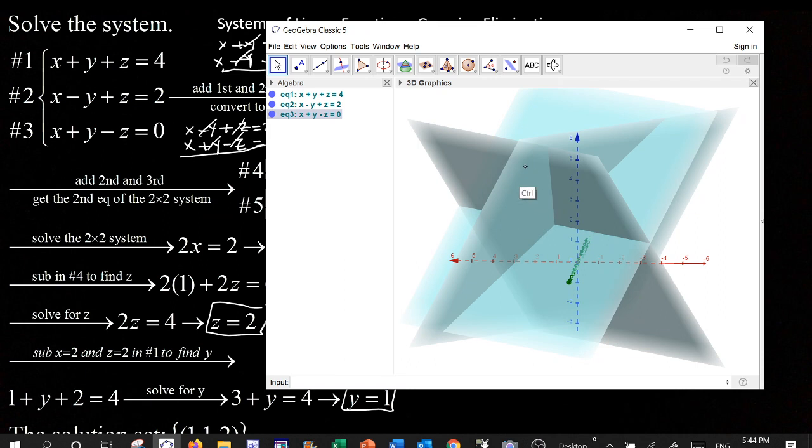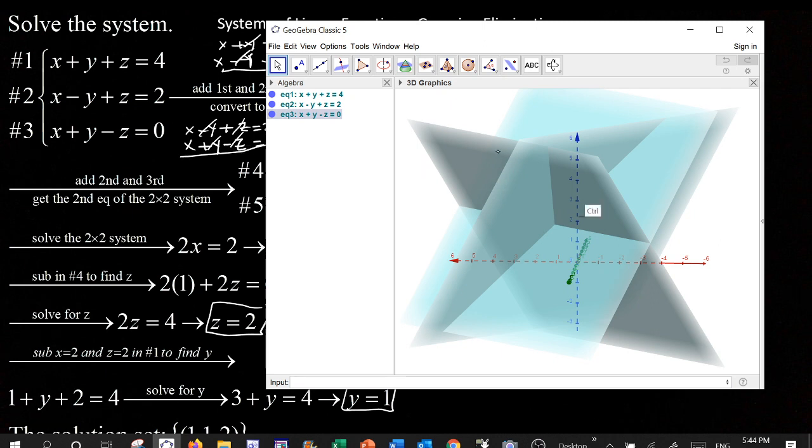So there could be an infinite number of solutions, one solution, or none. So if the three planes are parallel, you get no solution. If two of the planes are parallel and another cuts through them, right, you don't get any solutions.